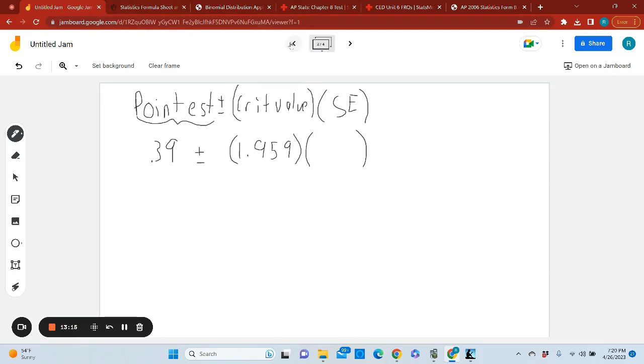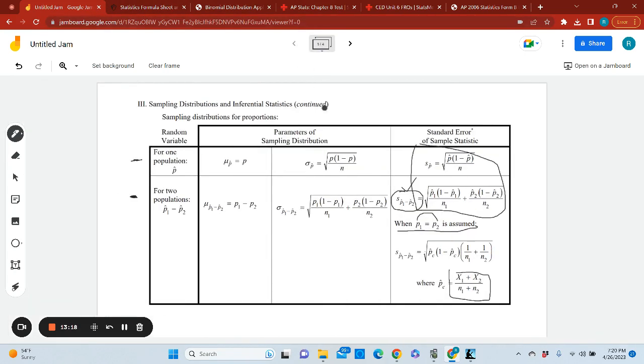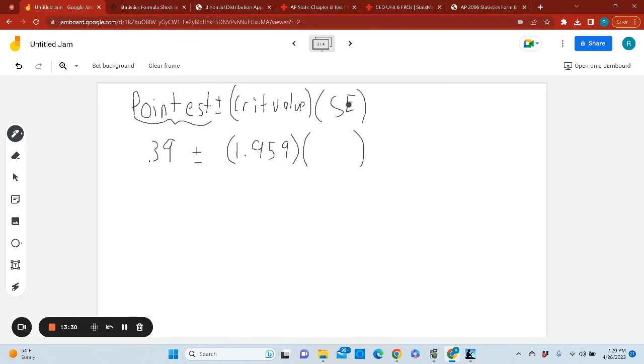Let's go back a page. That standard error is going to be right here. P hat times 1 minus p hat over n. Then take the square root. So for our sake, to get this standard error piece, that's going to be the square root of p hat was 39 times 1 minus p hat is 0.61, all over my sample size, which was 1,029.